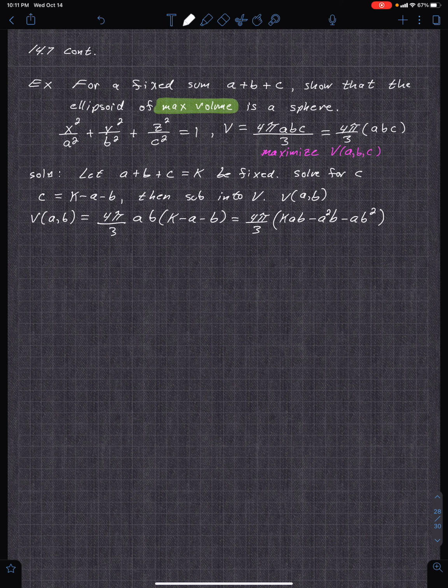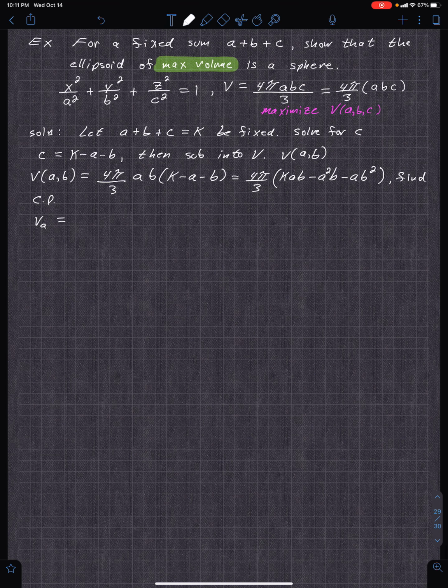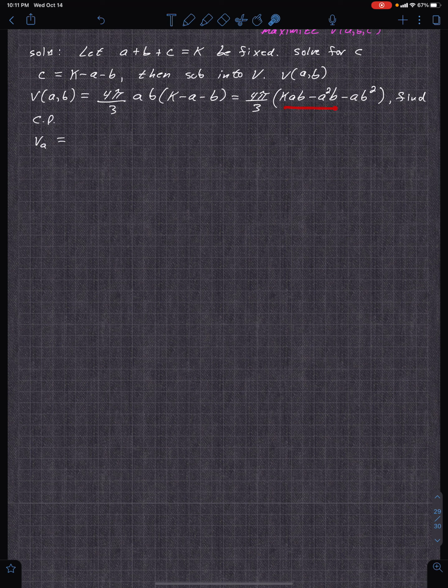Now we want to find our critical points. To find the critical points, you do the partials. So we do the partial of V with respect to A, and then with respect to B. V with respect to A is 4 pi thirds times kb minus 2ab minus b squared.